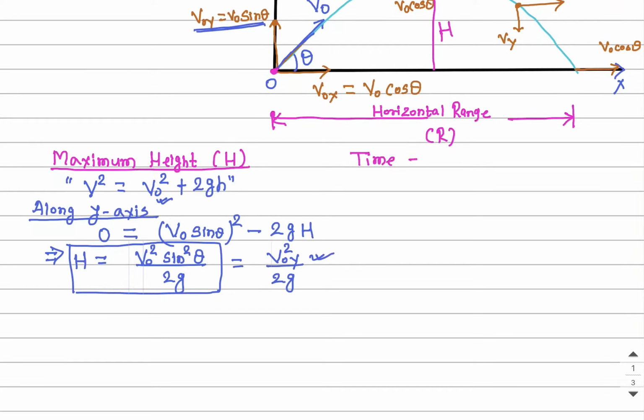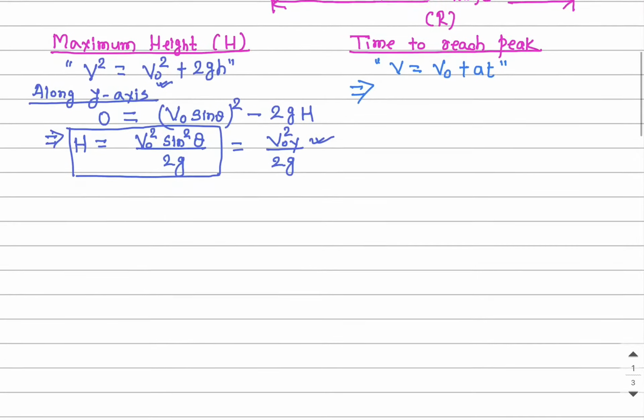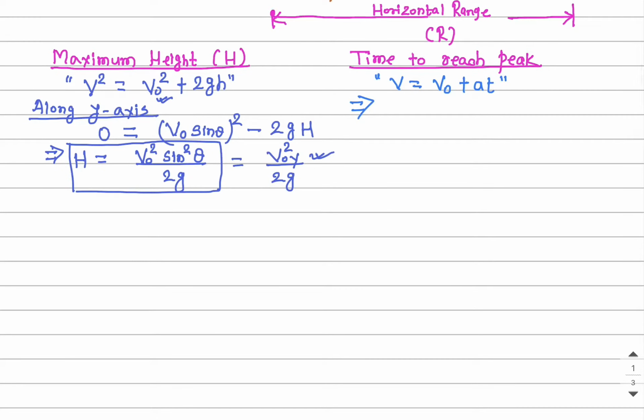For this one, we're going to use this formula here, v equals v0 plus at. That's just the kinematic equations, and this is the velocity when it reaches the peak. Again, this is for the vertical motion.